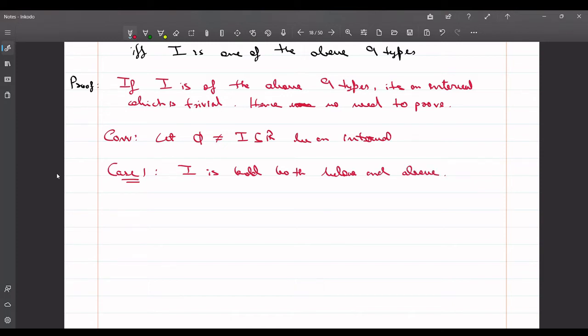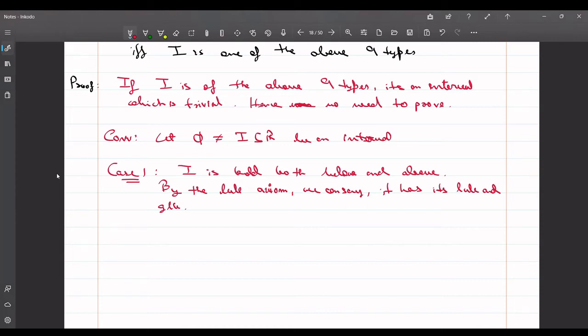Now using the LUB axiom of R, we can always say that since I is bounded below and bounded above, there exist its least upper bound and greatest lower bound. So by the LUB axiom, we can say it has its LUB and its GLB, or supremum and infimum.